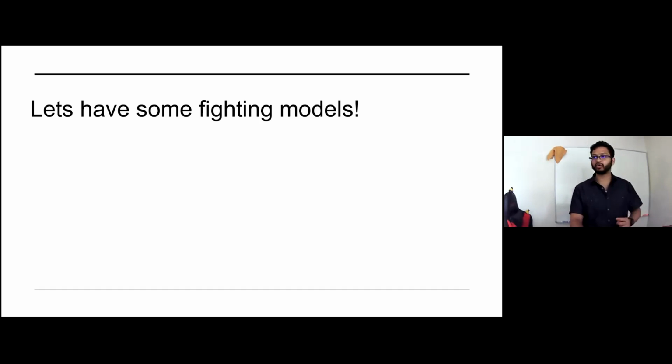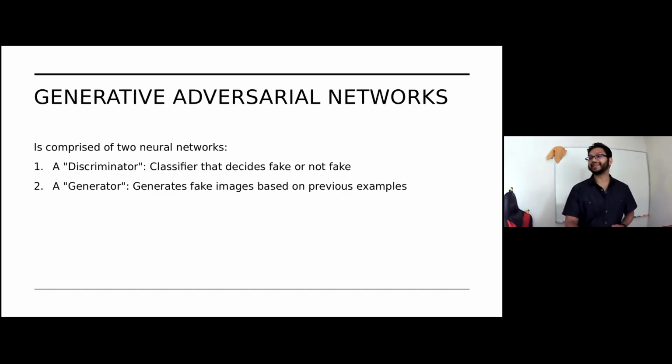Nice. So moving forward now, getting back to generative adversarial neural networks, in order to fight, you need to have two things. You can fight with yourself, but that's not as fun as fighting with someone else, in my opinion. So essentially, a generative adversarial network can be comprised of two neural networks. The first neural network is a discriminator.